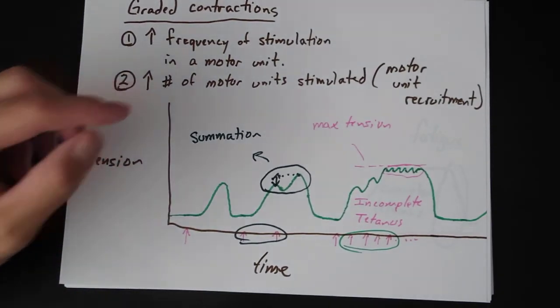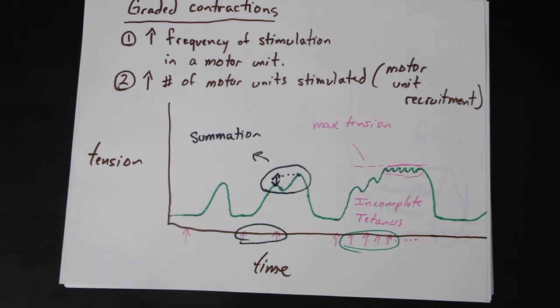Your brain says, uh-oh, this load is heavier, I need to do something. So it activates another motor neuron. And that motor neuron innervates multiple muscle cells and it causes more cells to contract, generating more tension.